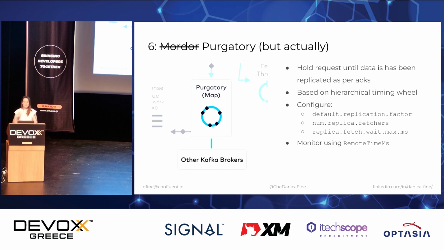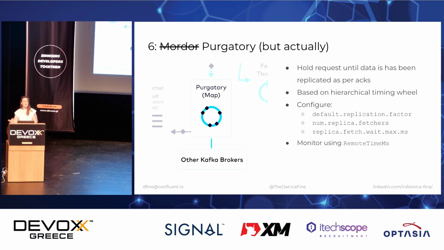This is a map-like data structure that's built on a hierarchical timing wheel. And these requests are just going to be held there, not for too long, but they're going to be held there until the replica brokers come along and fetch that data and those updates. And that is only handled by the followers themselves, okay? So this broker is done doing its work with storing that data. It's not going to send the data to the followers.